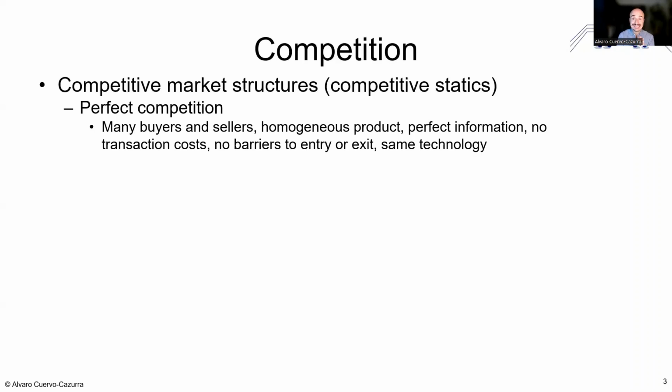This is not something that happens. And then there are no transaction costs. You can buy and sell without having to incur not only the cost of buying and selling, but also of finding sellers, finding buyers, and promoting your ideas. And if companies want to enter the industry, there are no barriers to entry, and there are no sunk costs. They can exit very quickly, and all the companies have the same technology.